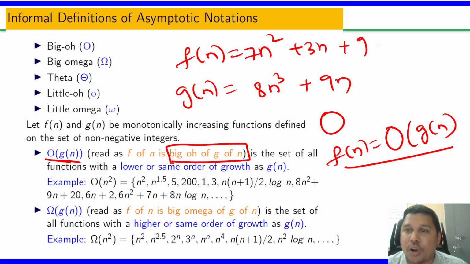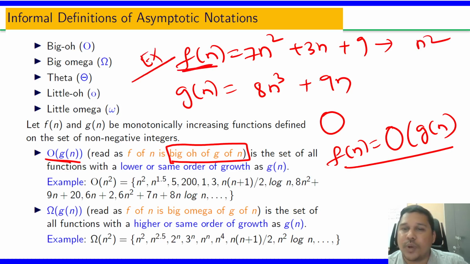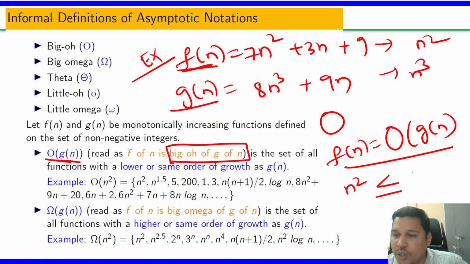Take this example. What is the order of growth of f of n? n square. The order of growth of g of n? n cube. So it is clear that the order of growth of f of n, n square, is less than or equal to the order of growth of g of n, that is n cube, right?